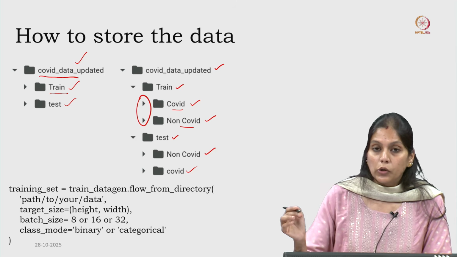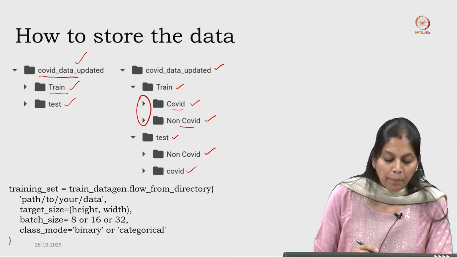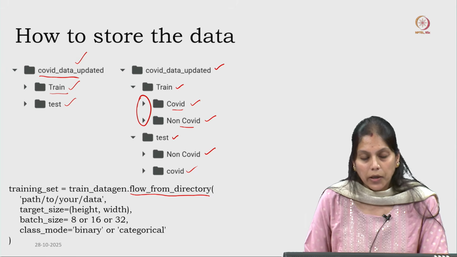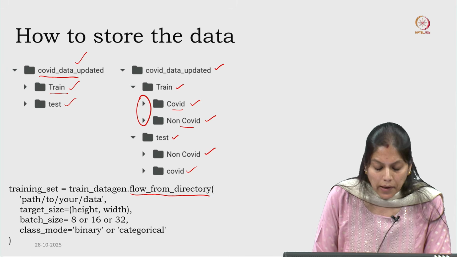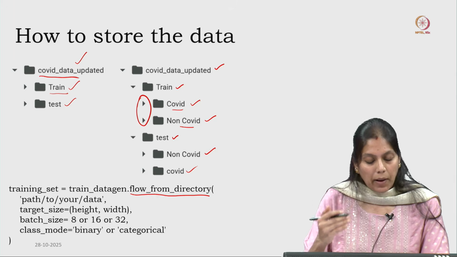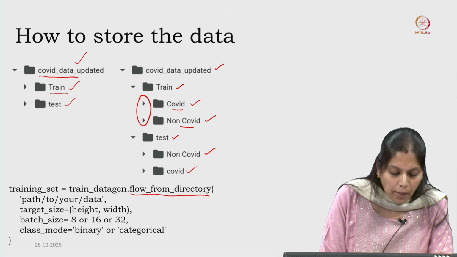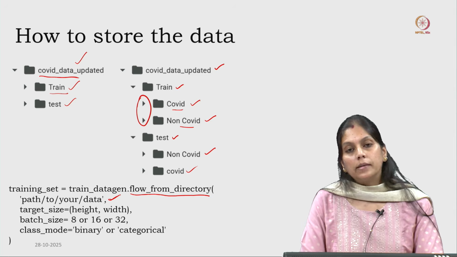There we had read_csv or read_excel, but here we will be using something called flow_from_directory. Now, flow_from_directory has certain parameters, and what are those parameters? The very first one should be a path name. And what is this path name?